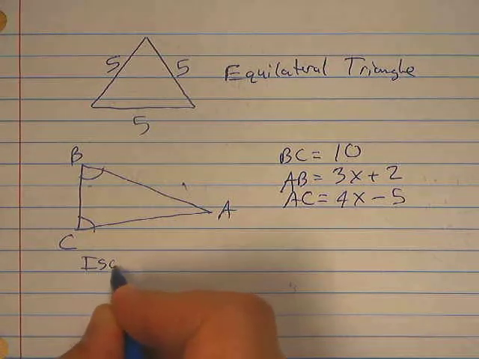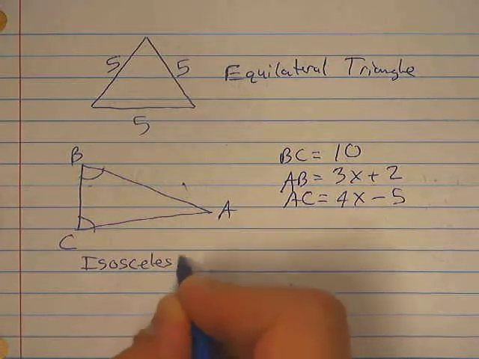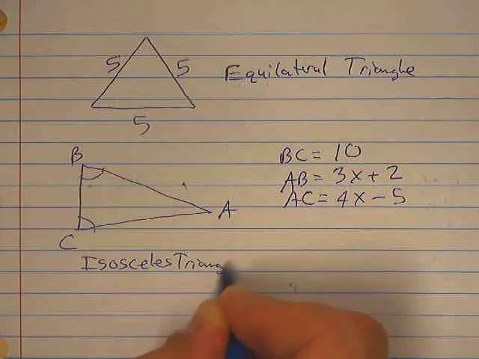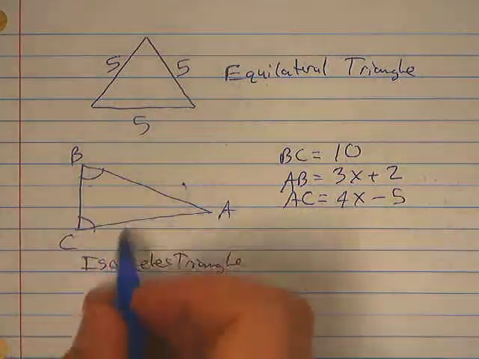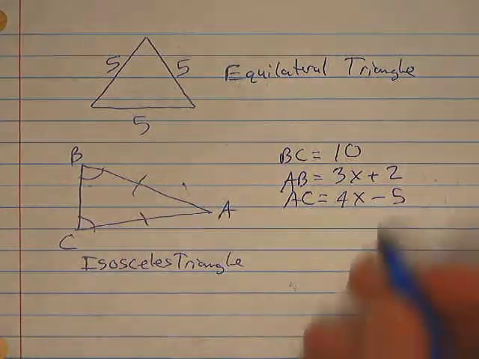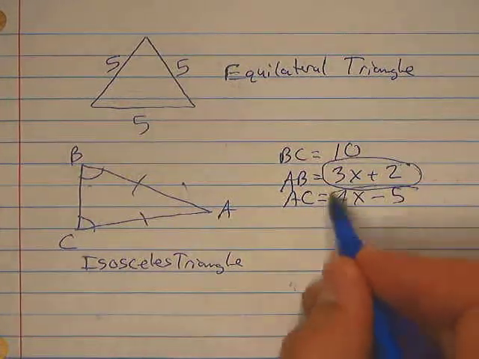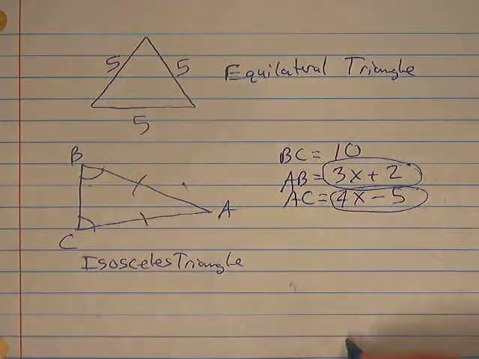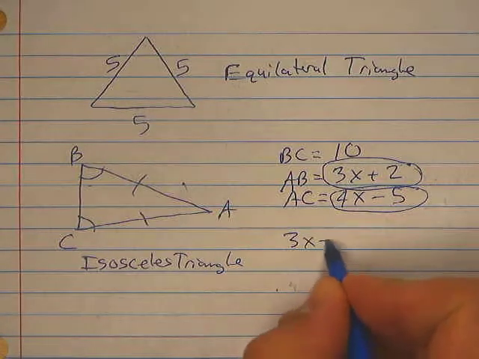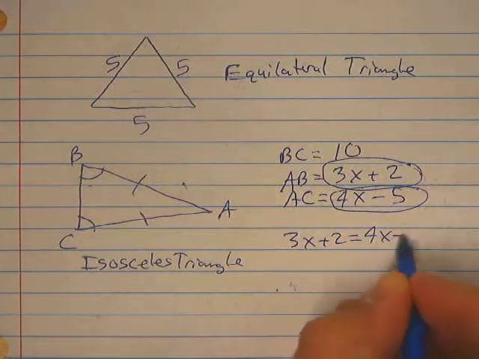Okay? So what would we do to solve this? Well, since this is an isosceles triangle, if the base angles are congruent, these sides are congruent as well. So these two are going to be equal to each other.